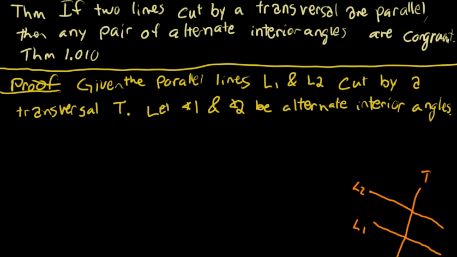So let's just name these. We'll do this in orange. We'll name this one angle 1, and alternate interior angle to that one would be this one angle 2.